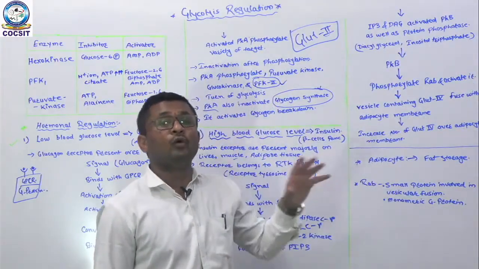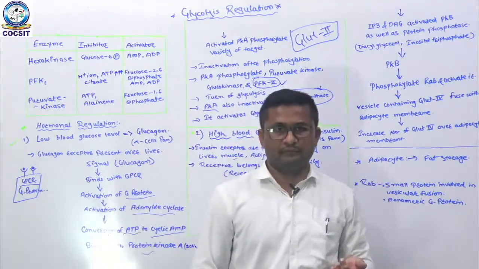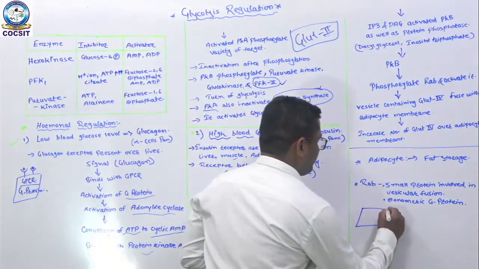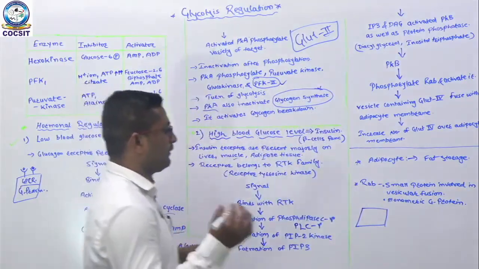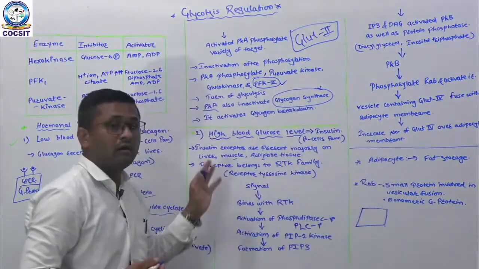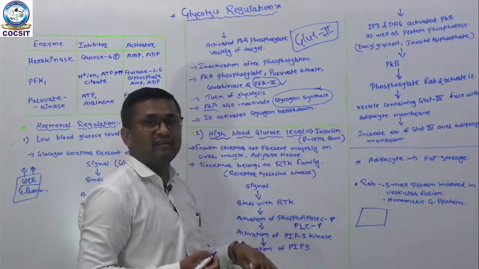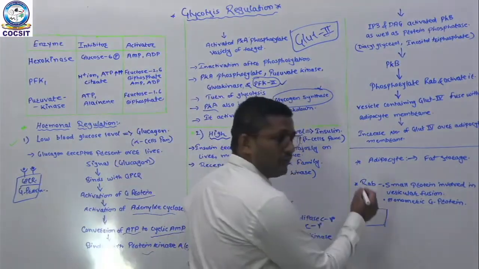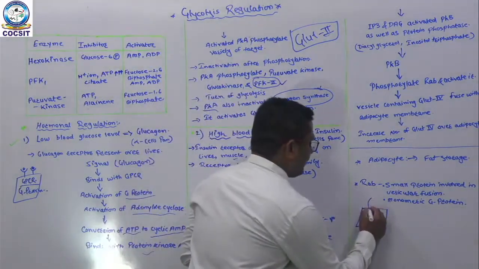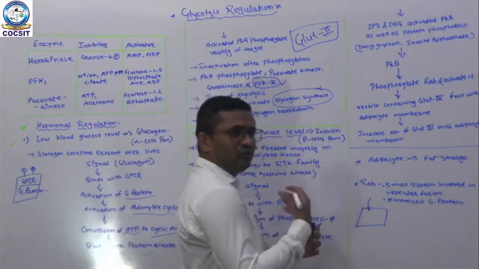It is a monomeric G protein which is involved in the vesicular fusion, because see, for the glucose transporter, in the presence of this high blood glucose level, when insulin is getting secreted, then the extra glucose which is present in the blood has to be transported into the adipose tissues, and that adipose tissue must accept that glucose.